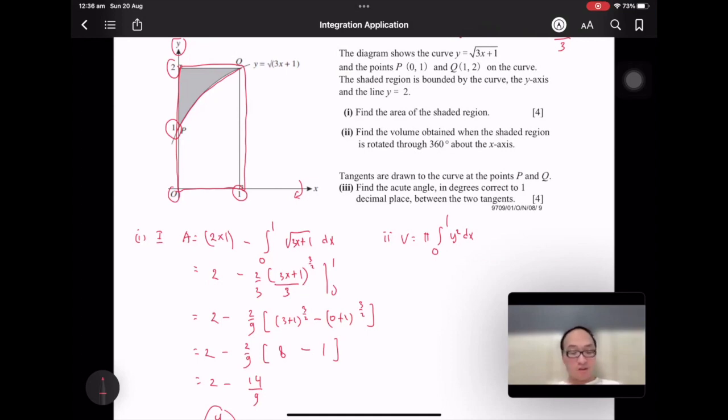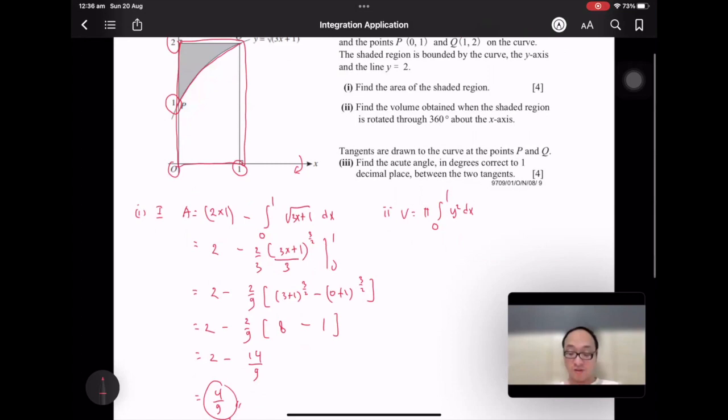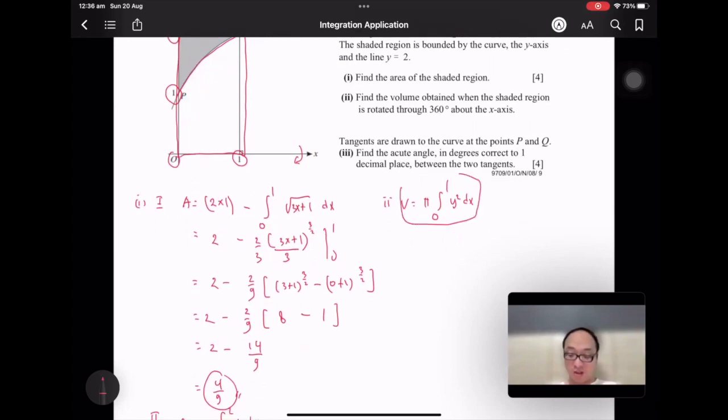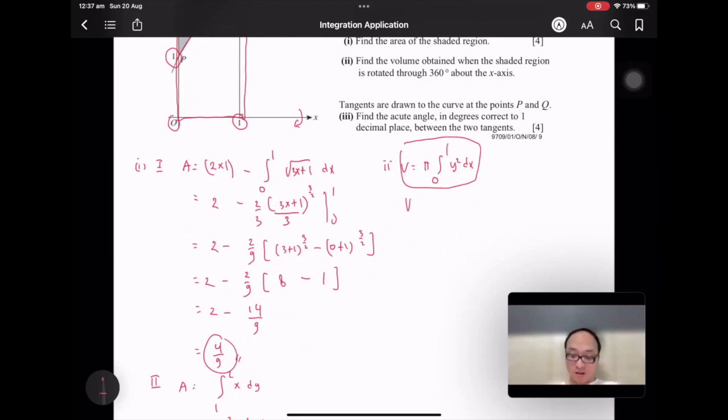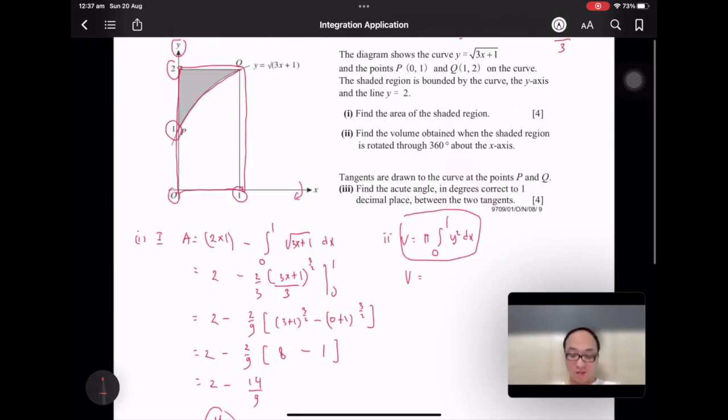So it is the rectangle minus the curve. This formula is for the curve, the volume between the curve and the x-axis. So the volume now will be the rectangle.